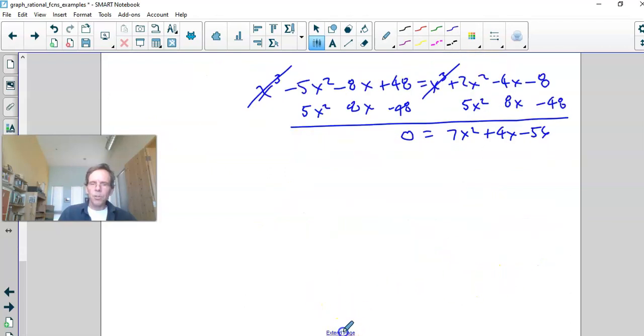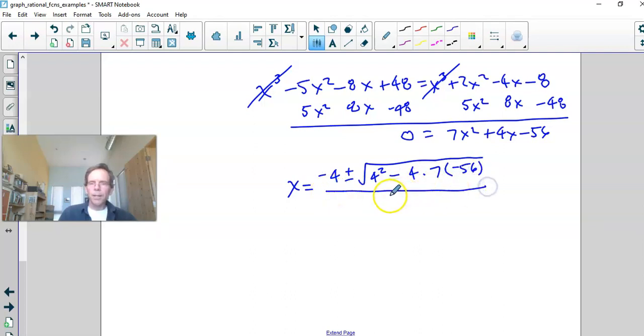Okay, so let's see if that has real solutions. We'll use the quadratic formula, right? So I get negative 4 plus or minus the square root of b squared, which is 4 squared, minus 4ac. A is 7, c is negative 56, and then we divide by 2a, 2 times 7.